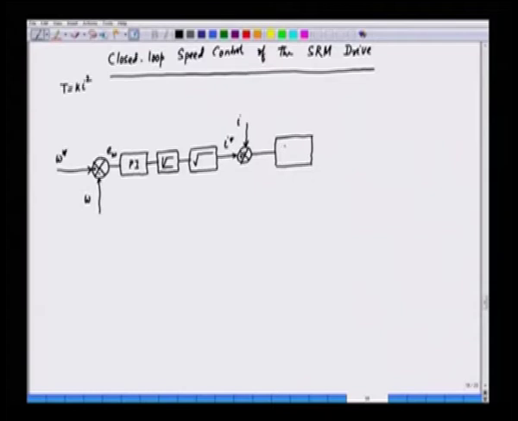We can say it is basically the current controller, and then we have the converter, and then we have the motor, switched reluctance motor.